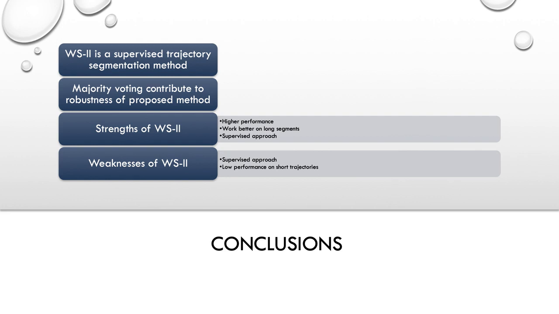Although this method has some strengths, such as its high performance and use of labeled data to learn and work in different domains, there are some weaknesses as well. First, the assumption of having access to labeled data is a limitation for this algorithm. Second, the algorithm cannot produce a reasonably good performance if the segments are smaller than the length of the sliding window.